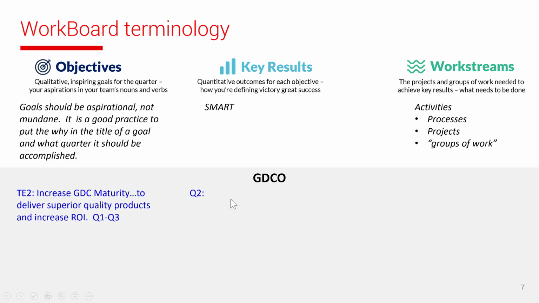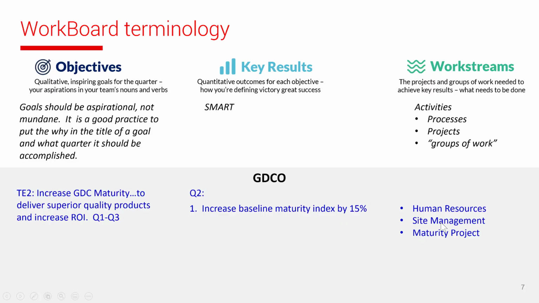So for example, in quarter 2, they came up with a key result that said increase the baseline maturity at each site by 15%. And to do this, it involves several work streams. So obviously we need human resources, we need the local site management, and we need a project I created called the Maturity Project. So these are work streams or cluster of processes that are going to deliver this.